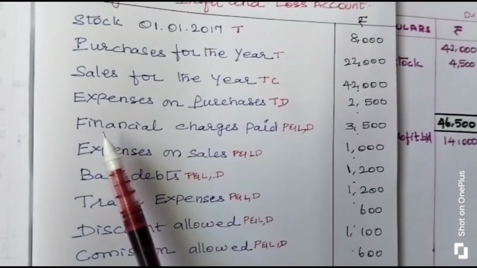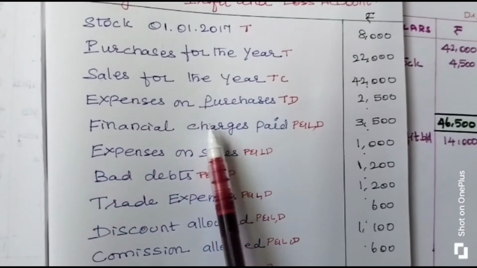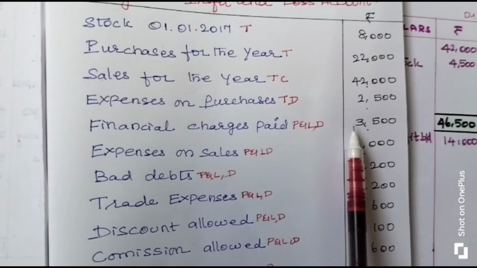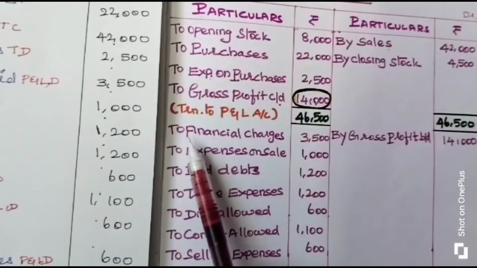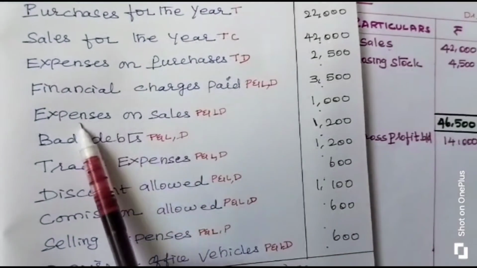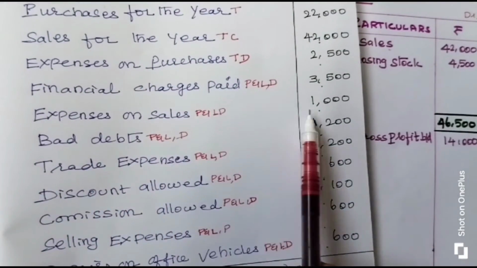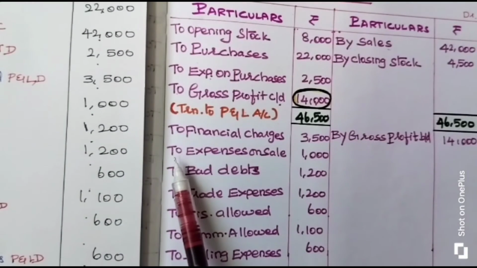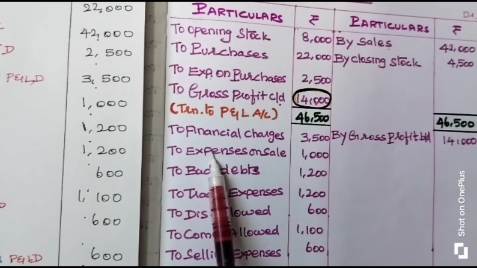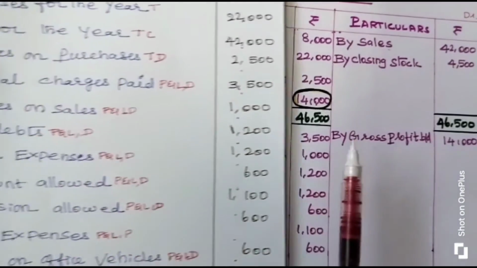Then financial charges paid, in the profit and loss account, go to the debit side, 3,500. To financial charges 3,500 entered. Then expenses on sales, 1,000 rupees, go to the debit side of the profit and loss account. So to expenses on sales 1,000 rupees entered.